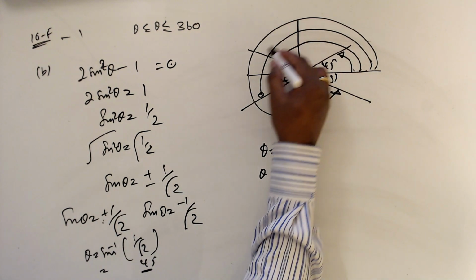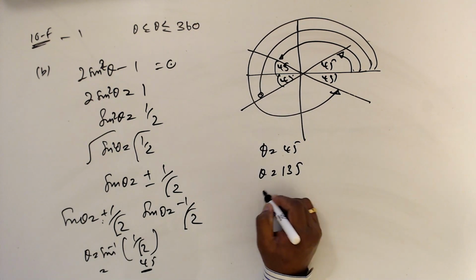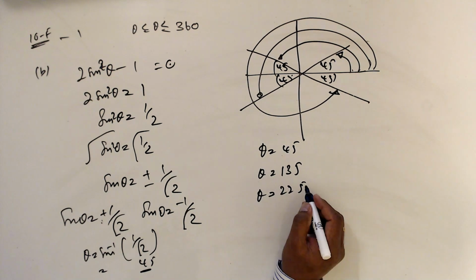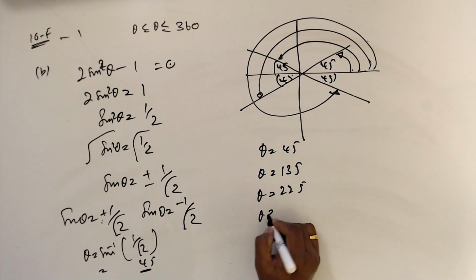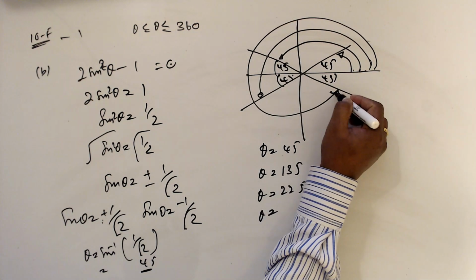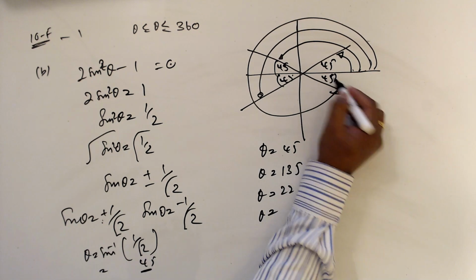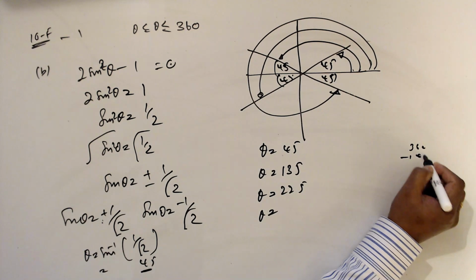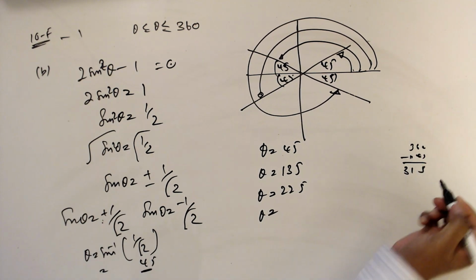The third one is this one, theta equal 225. The fourth one is up to here. This angle means 360 minus 45, 315.